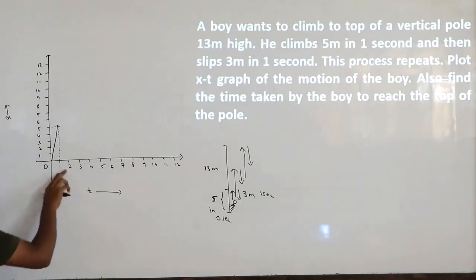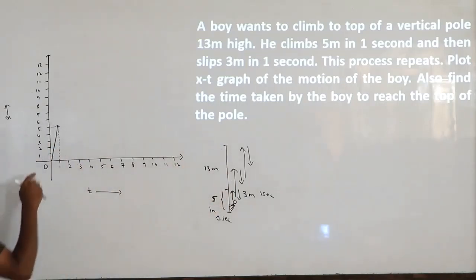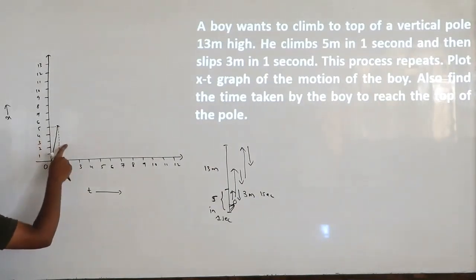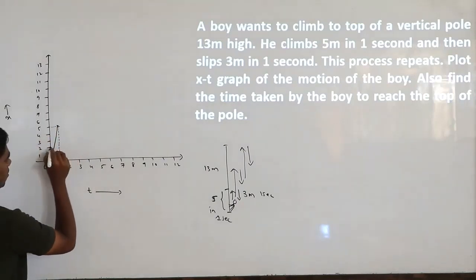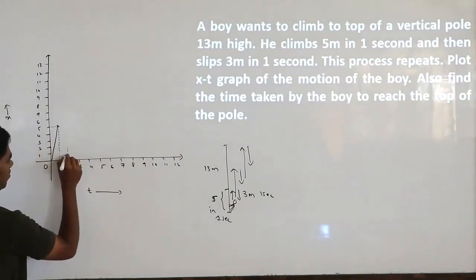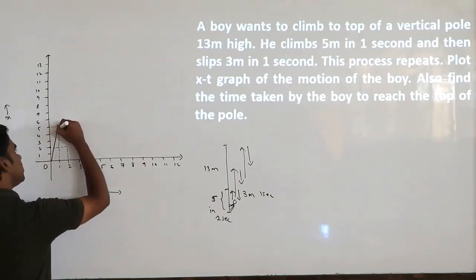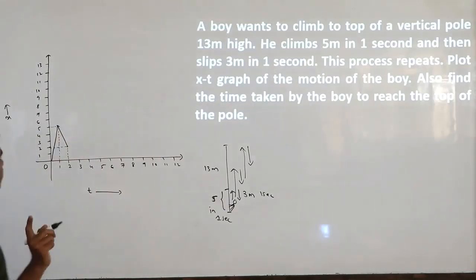Now, for the next 1 second, he will come down for 3 meters. So don't look from here, come from here 3 meters. So 1, 2, 3 means he will come to this point. So this happens in 2 seconds.